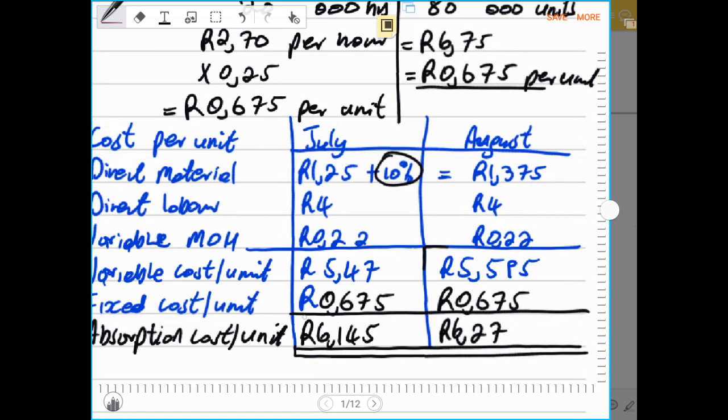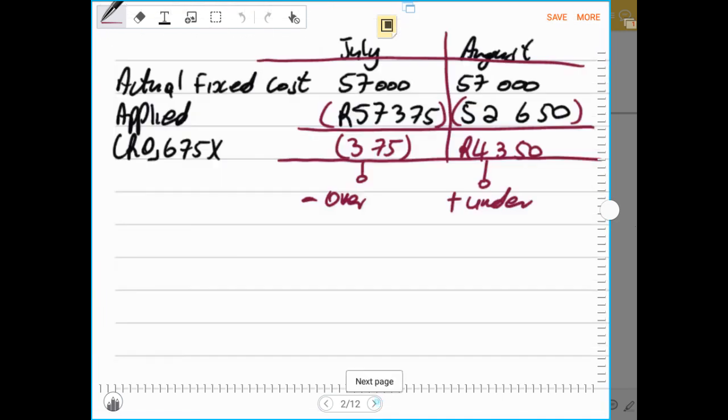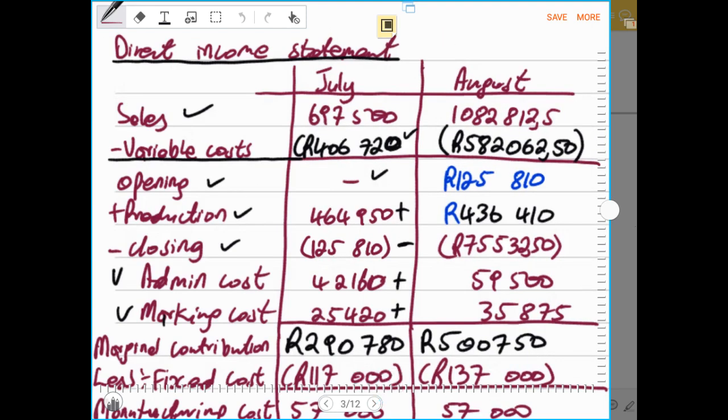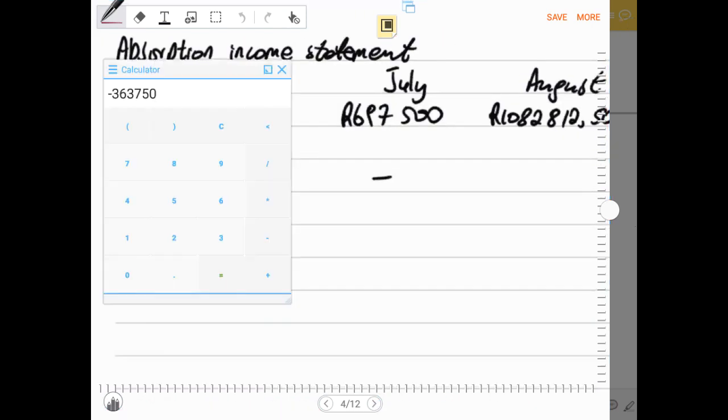So now we are taking that 6.145 and we multiply that by our production, and we know what the production is. We say 6.145 times 85,000 units that were produced in the month of July.